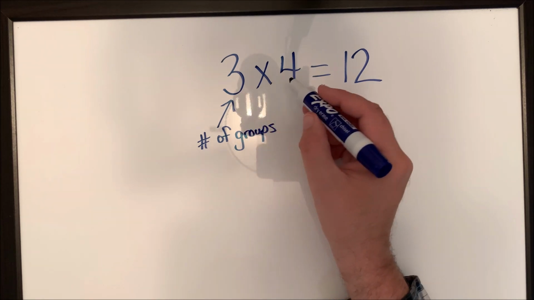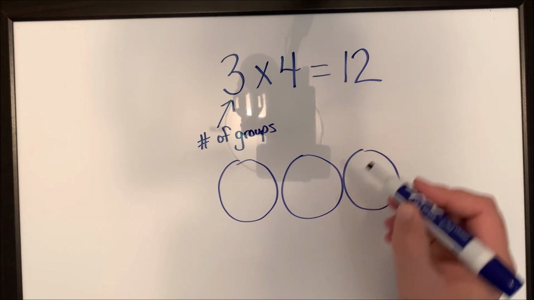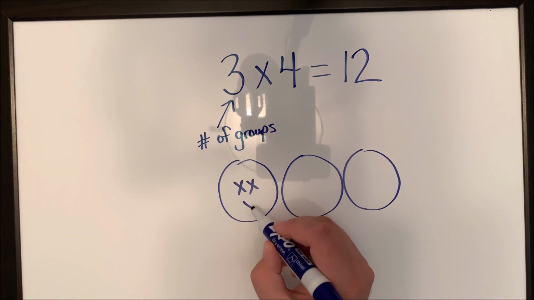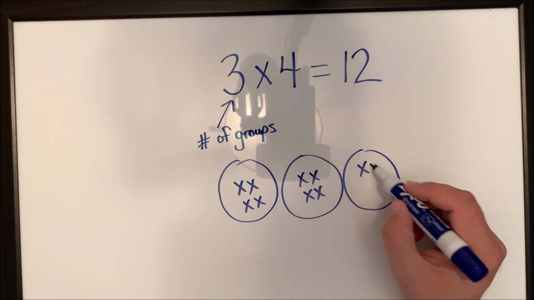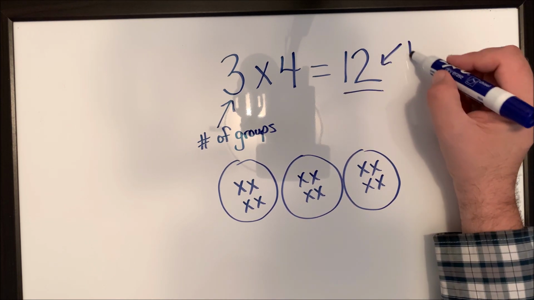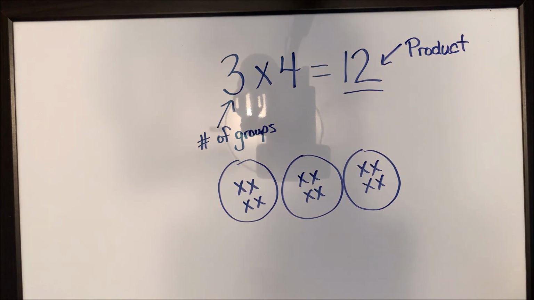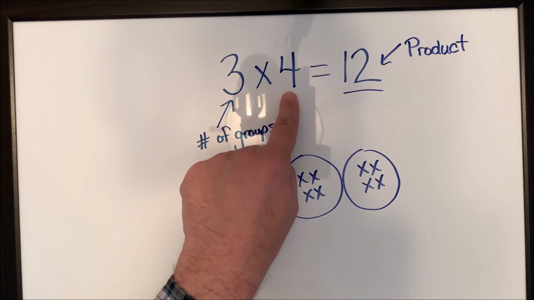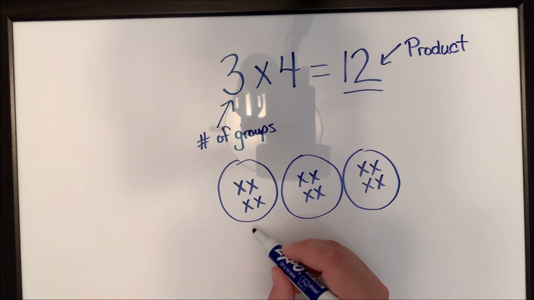So 3 groups of 4 would be 3 groups of 4. And the answer is called the product. So 3 groups of 4 equals 12.